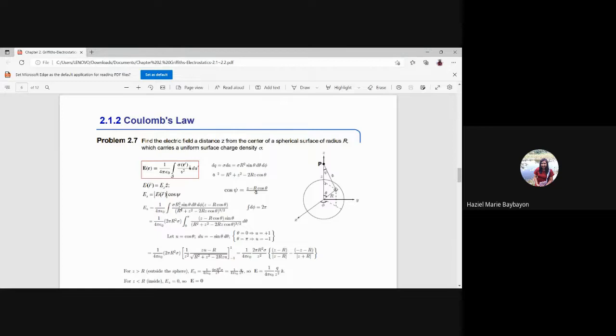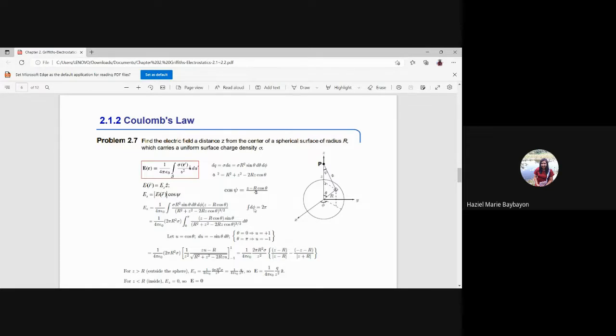We can actually take some of the constants out of the integral. What are these constants? We have r squared and sigma, so we can take them out of the integral sign. And then, if you integrate d phi, you will get 2 pi.